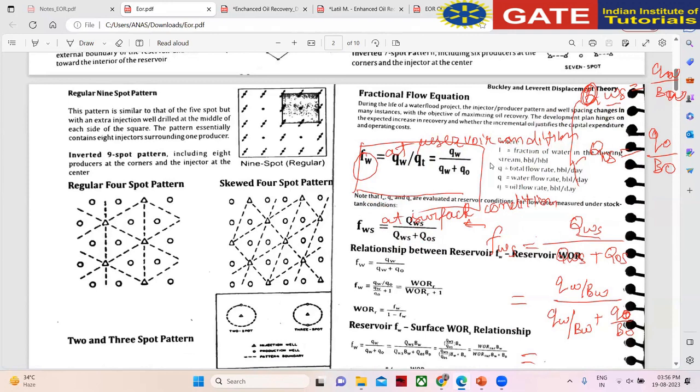If you have the data at reservoir condition, you can calculate FW at surface condition.